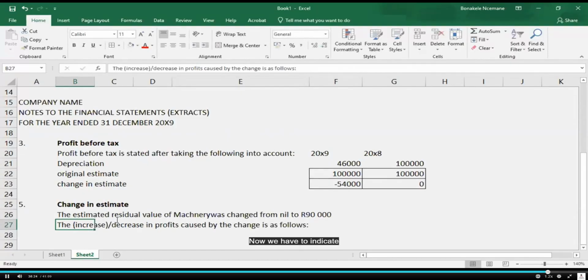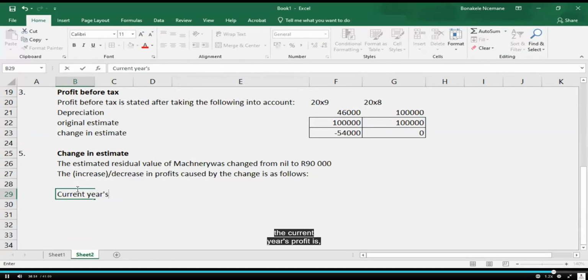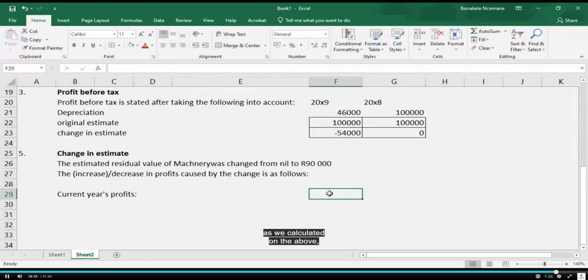Now, we have to indicate the effect of the change in both the current year's profit and the future profit. So we say the change in estimate in the current year's profit is, as we calculated in the above journal, 54,000, 54,000 being 36,000 plus the 18,000.